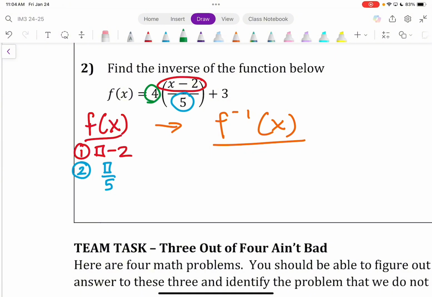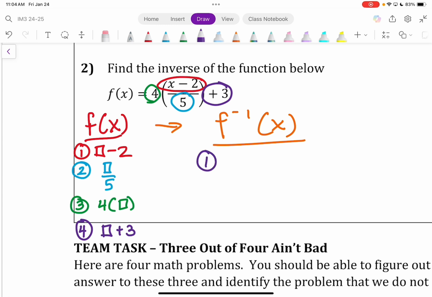James Reyes. What's the next step in green? 4 parentheses the box. And then our final step in purple is what? Rebecca, what is the final step in purple? Box plus 3.